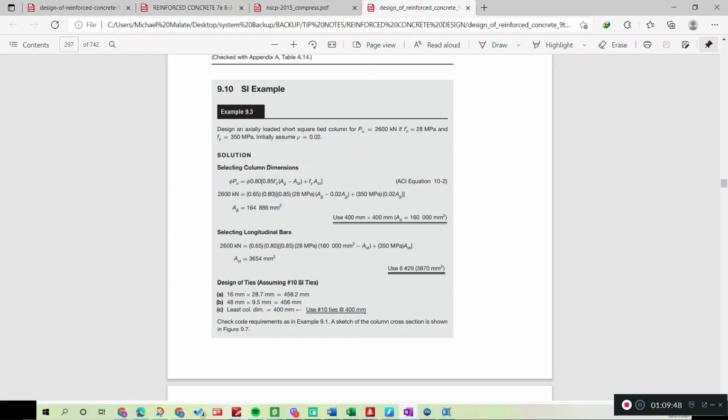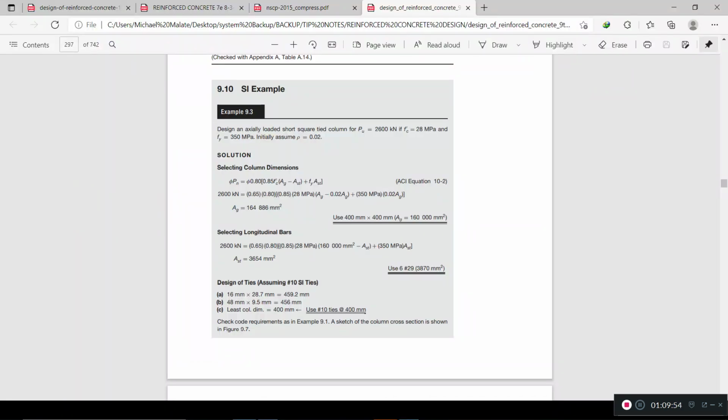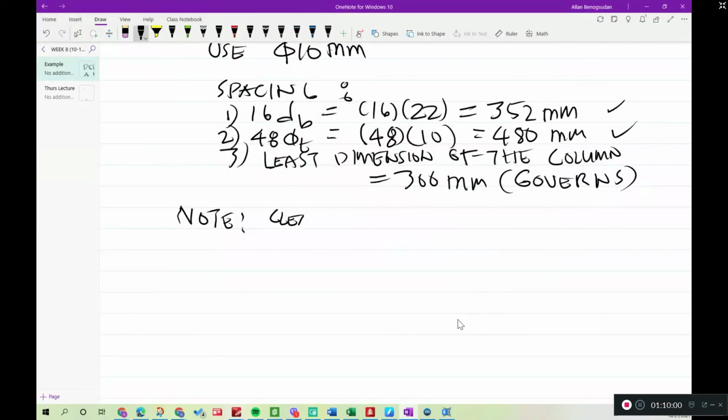Note, I just put this note. I just want to reiterate it here although you know that one already because we have discussed it. Clear spacing is different from center to center, of course.